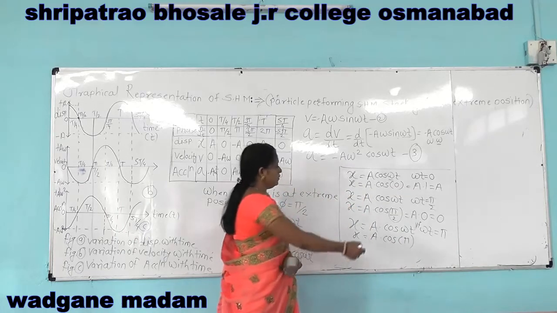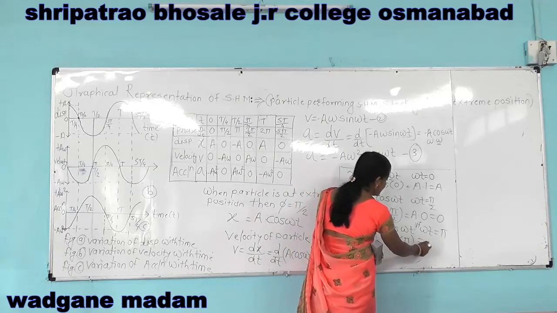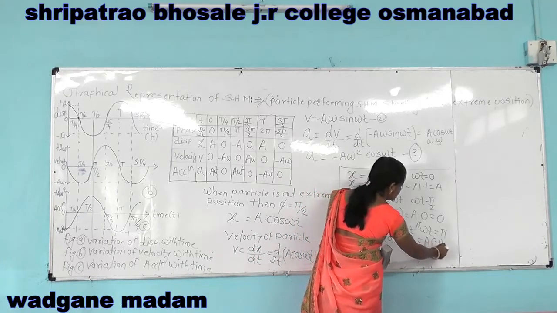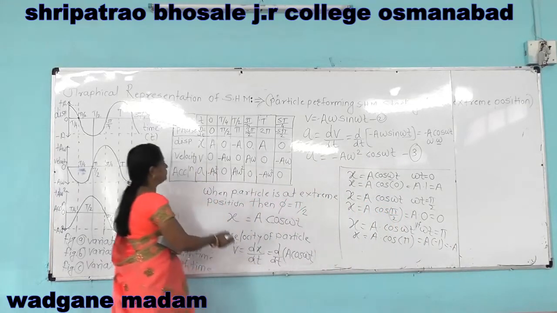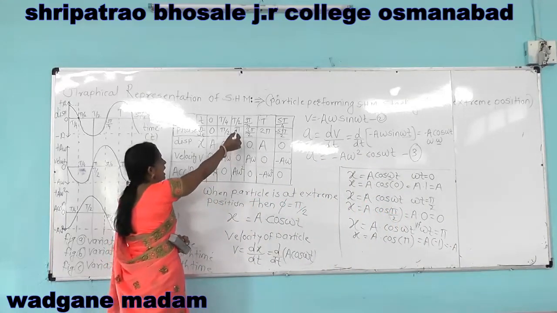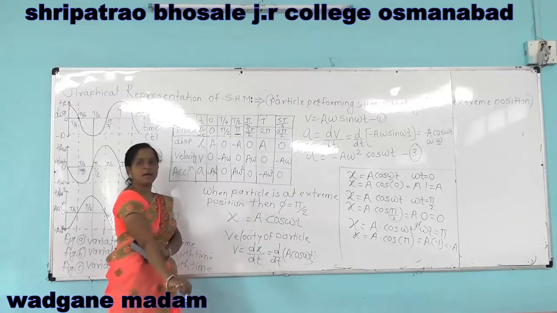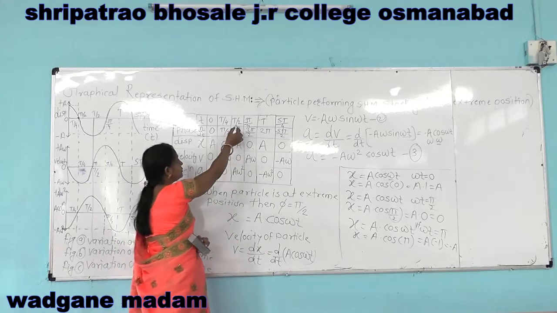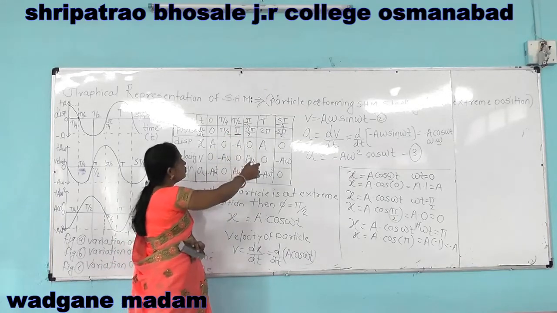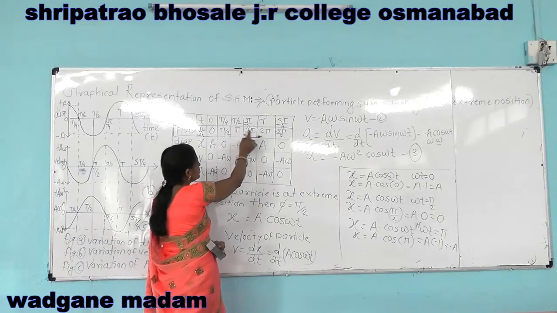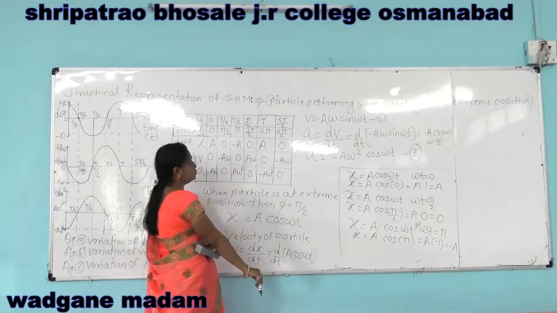Here the phase is pi, so cos pi is minus 1, therefore a into minus 1 gives minus a. So the displacement at phase pi and time interval T by 2 is minus a, and this continues for the corresponding time intervals, that is 3 pi by 2, 2 pi and 5 pi by 2.